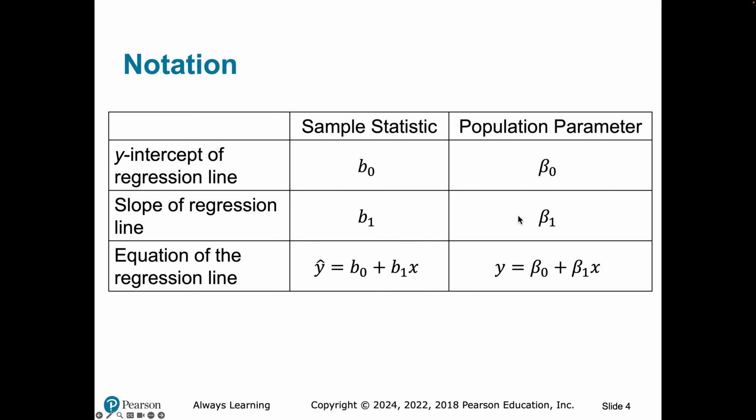This is used to estimate beta 1, which is the population slope. So this is our sample model, which is used to make statements about our population parameters.